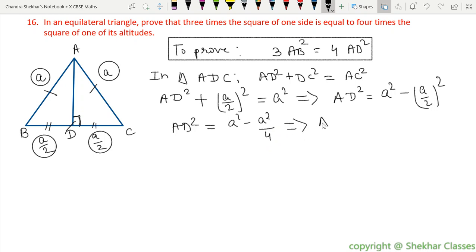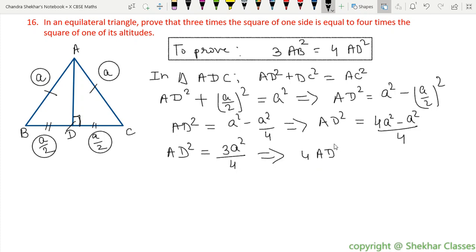Further I can write AD square is equal to 4A square minus A square by 4. So finally I can write AD square is equal to 3A square by 4. I can write further, 4AD square is equal to 3A square.